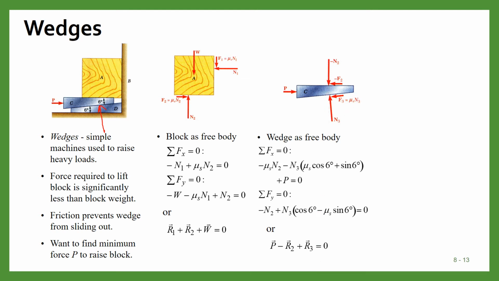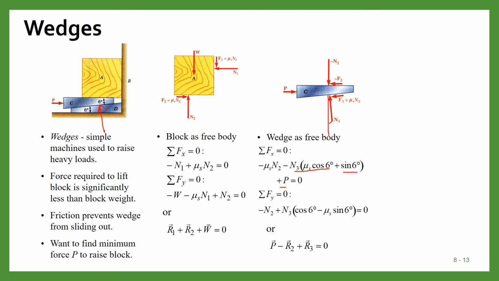So we will have some components, and we can write N3 times (mu s cos 6 plus sin 6), and plus P, that will be in the x direction. Similarly, in the y direction we have minus N2 plus N3 times (cos 6 minus mu s sin 6).